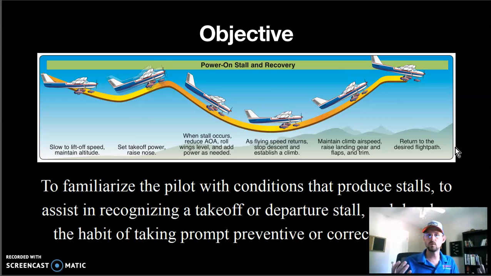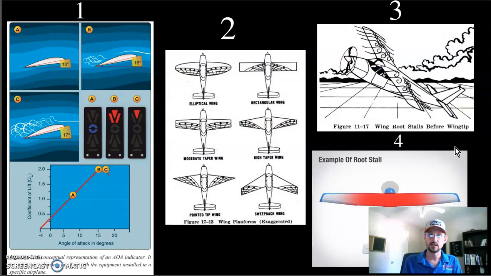We're going to reduce lift so much so that the airplane gives a little buffet and falls momentarily, and then we're going to return to a normal flying speed and stop our descent and establish a climb and return to a normal attitude. So that's the objective here.